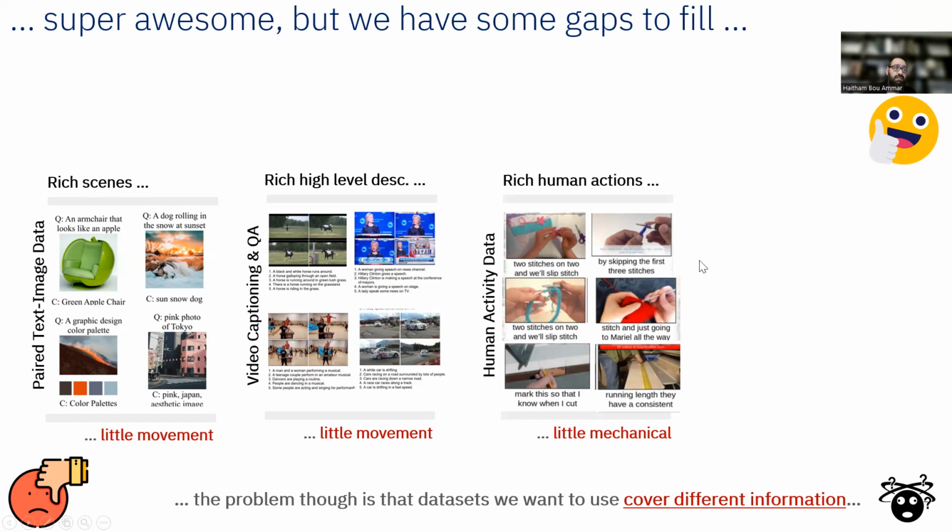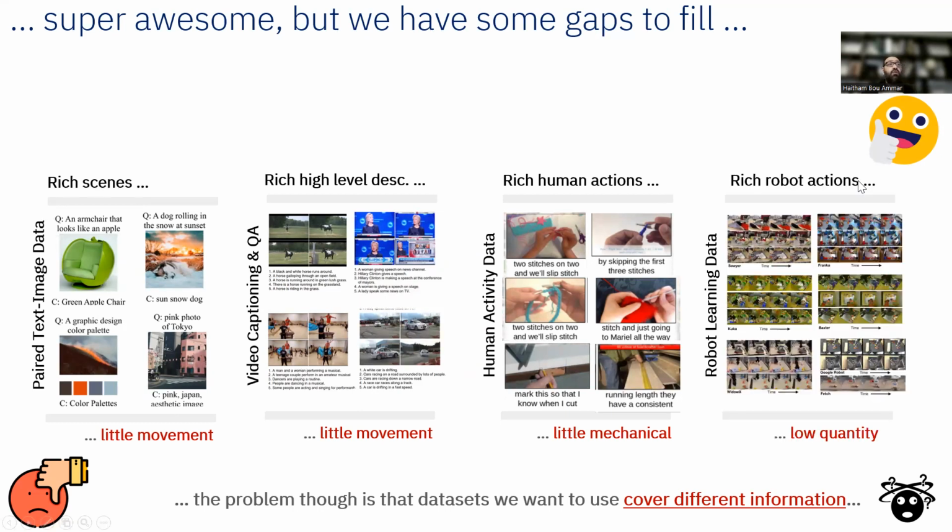Like this is a stitching example, and here is a mechanical warehouse example. But you would see that there is a rich set of human actions, but little mechanical movement or mechanical knowledge in this type of data. It's just a video of a human doing something, but there's not much mechanical information embedded in this data.